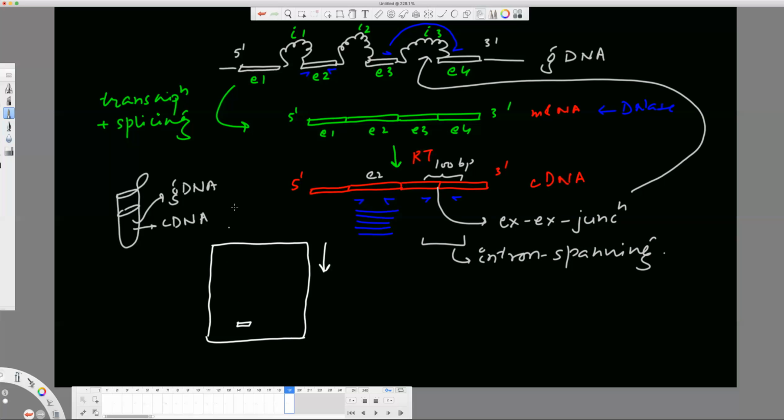However, your genomic DNA would be somewhere up here, at 10 kb, let's say, if the intron length was 10 kb. So by looking at this difference, you can simply say that there was amplification of genomic DNA, and my product was also amplified, which is cDNA. This is cDNA.